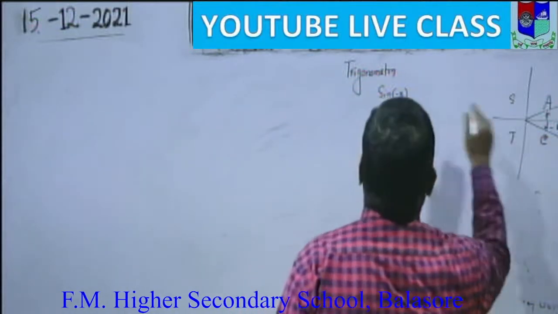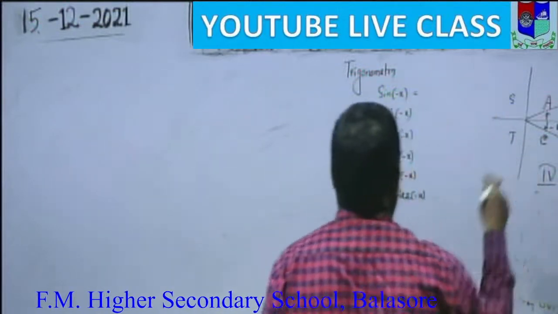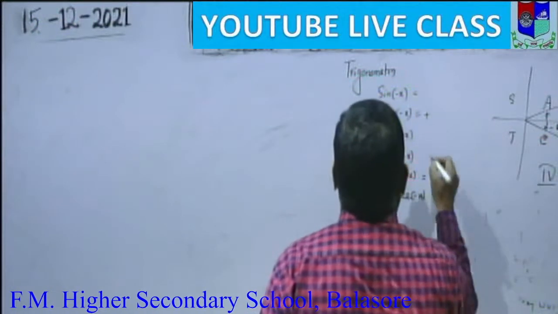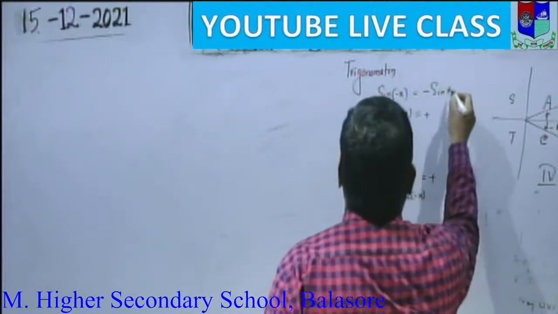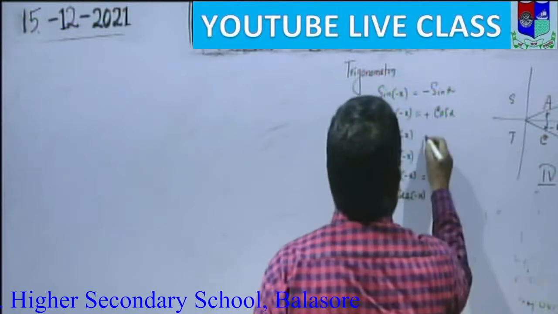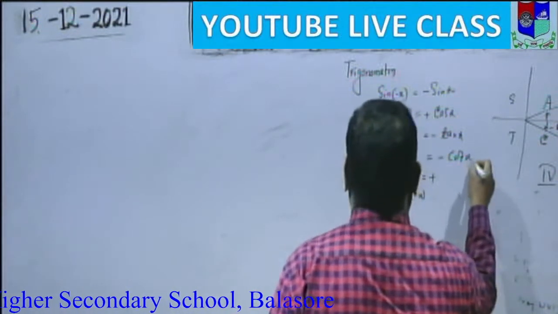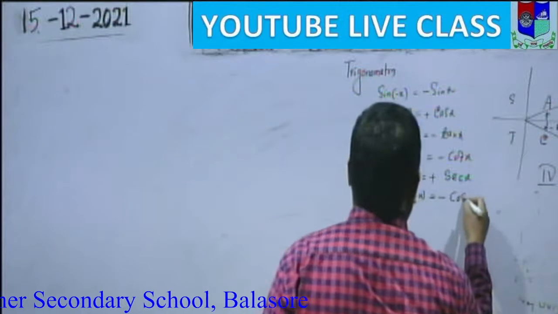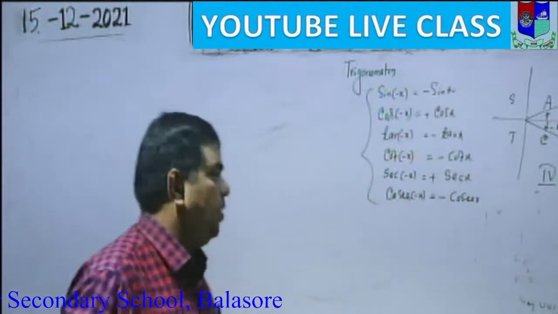In the fourth quadrant, cos and sec are positive, all others are negative. Sine of minus x is minus sin x, cos of minus x is equal to cos x, tan of minus x is minus tan x, cot of minus x is minus cot x, sec of minus x is plus sec x, cosec of minus x is minus cosec x. This is the theory from trigonometry.